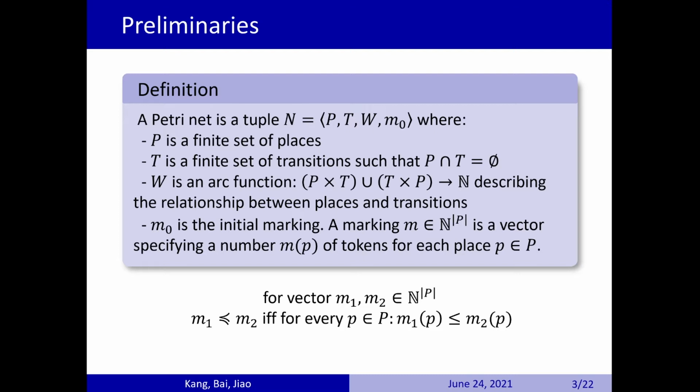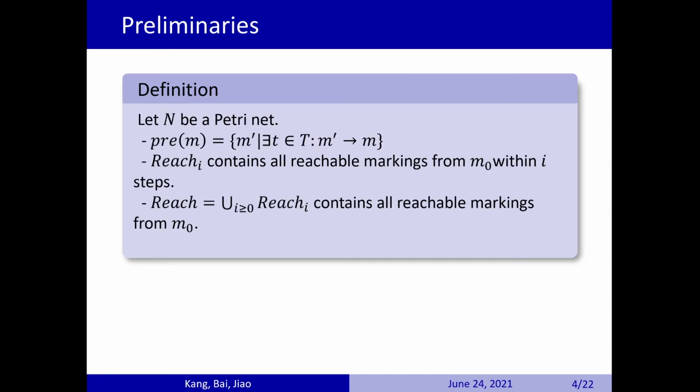M0 is the initial marking, with a number of M(P) tokens for each place P. There is a partial order over vectors of Petri nets. M1 is less than or equal to M2 if and only if for each place P, M1(P) is less than or equal to M2(P). We define pre(M) as the set of predecessors of marking M in one step.